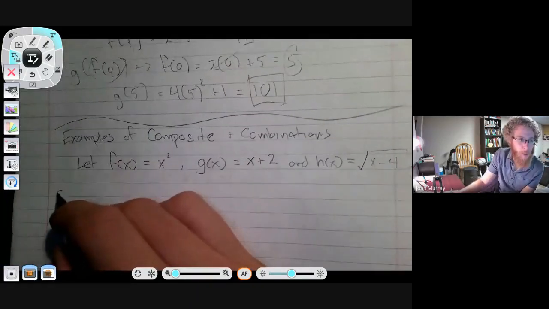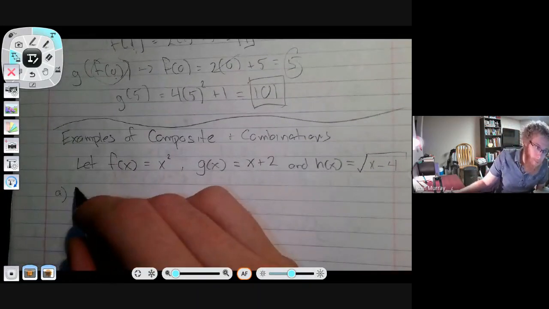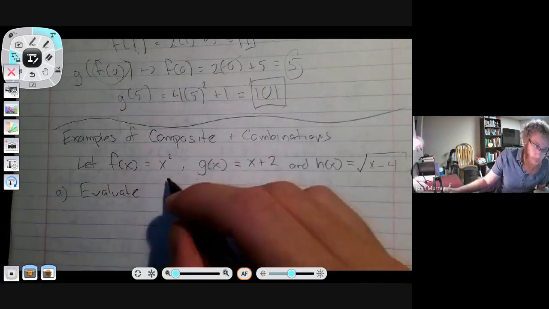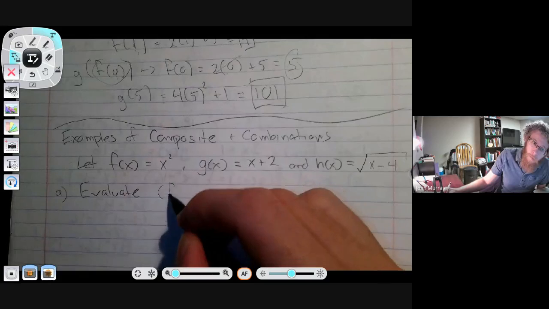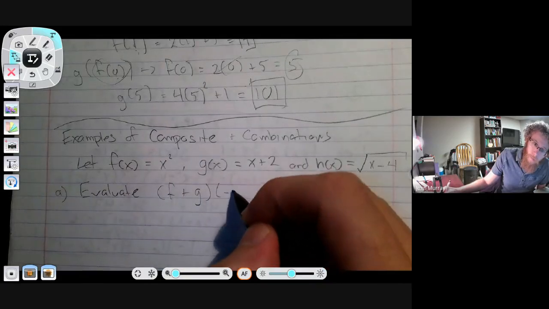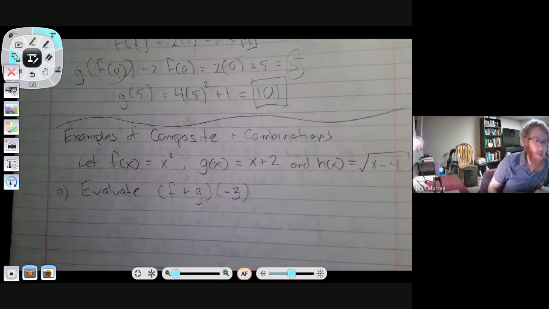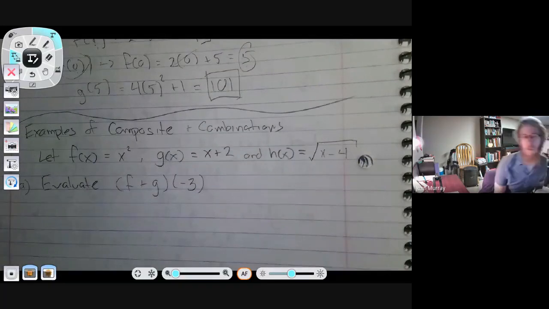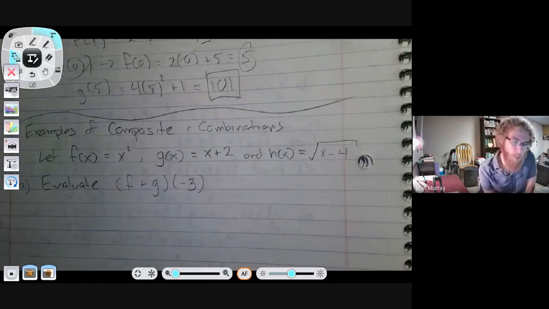All right, so first, let's take a look at a basic combination. Okay, so we're going to evaluate f plus g of -3.